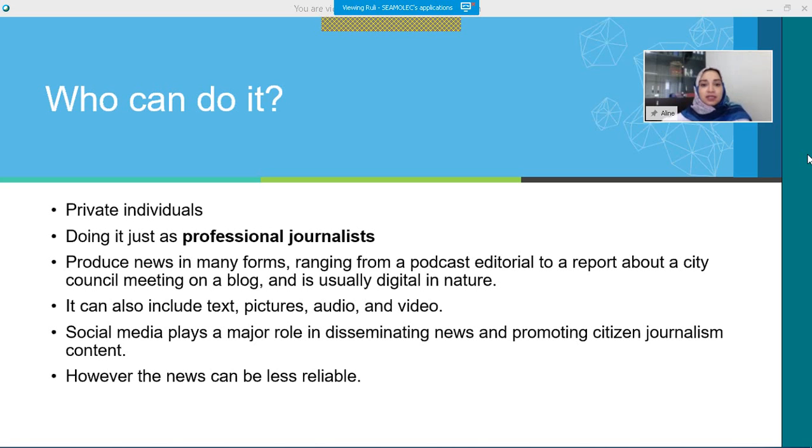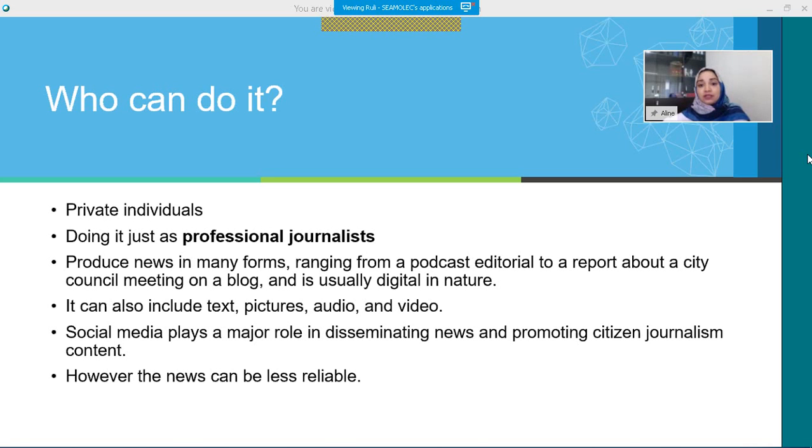And then citizens collect, report, analyze, and disseminate news and information just like professional journalists. So they're doing it just like a professional journalist would, creating what is known as user-generated content.